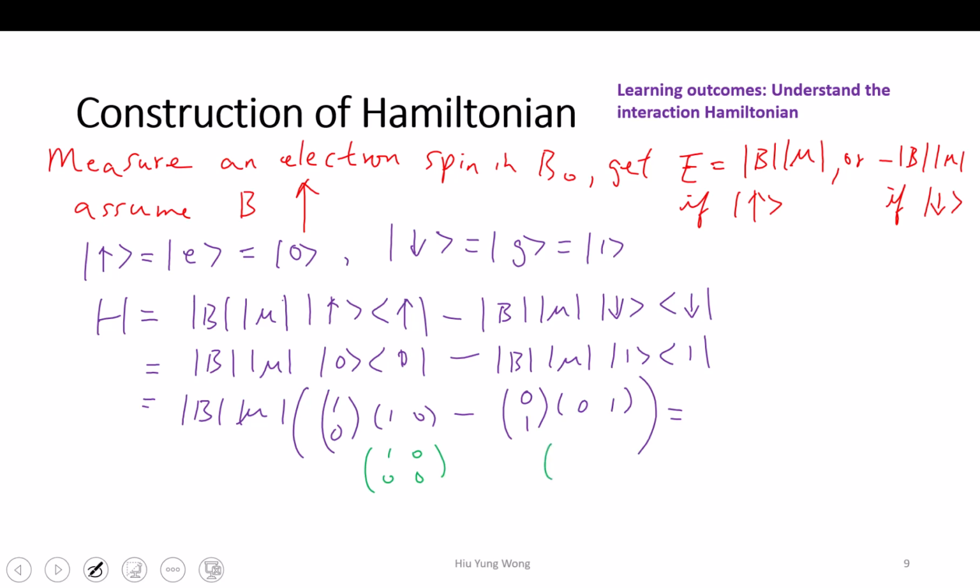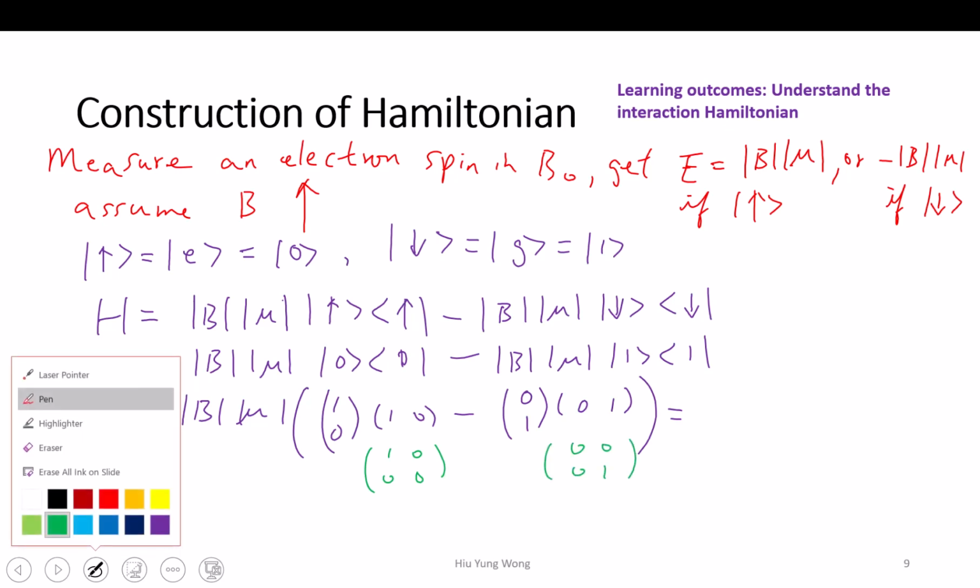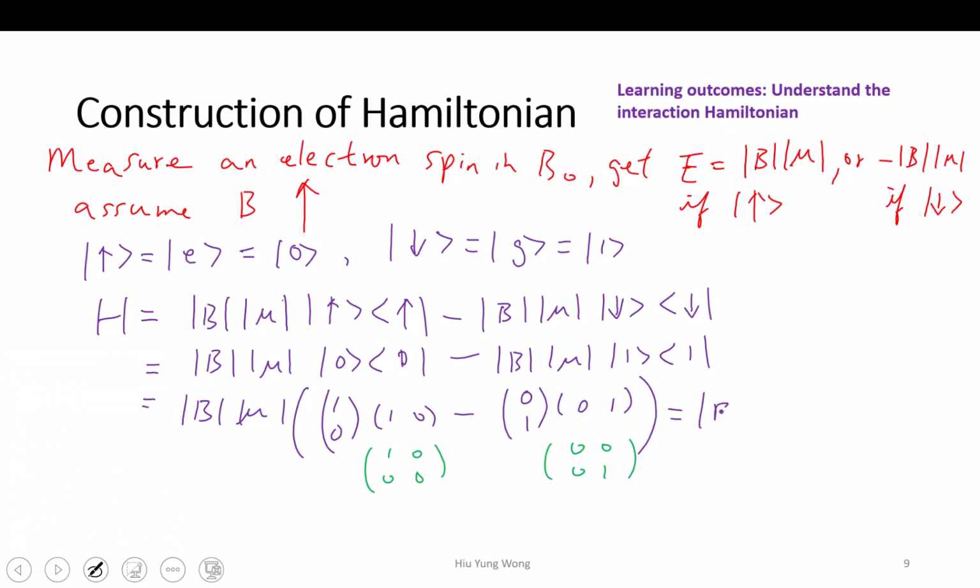Yeah, the second one gives us 0, 0, 0, 1, right? So with this, I know that the result is B mu times 1, 0, 0, negative 1, which is sigma Z.